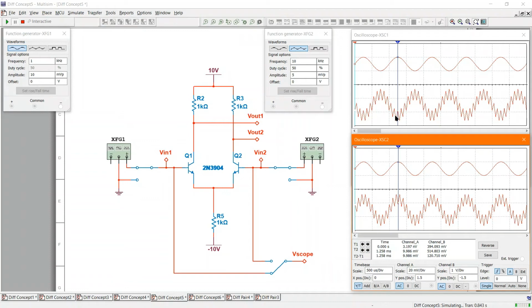Likewise, you can see that here the triangle wave is at a high point on the triangle. And here you can see that the triangle is at a low point. So I got two signals going in and I'm amplifying both of them, adding them together and outputting it onto two outputs at the same time.